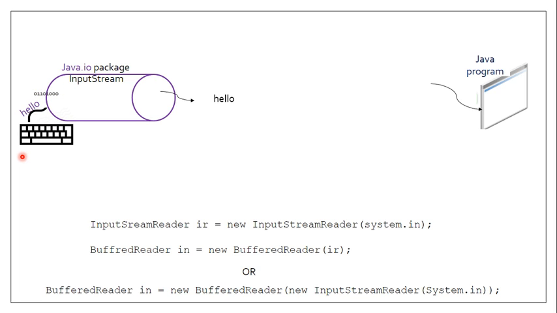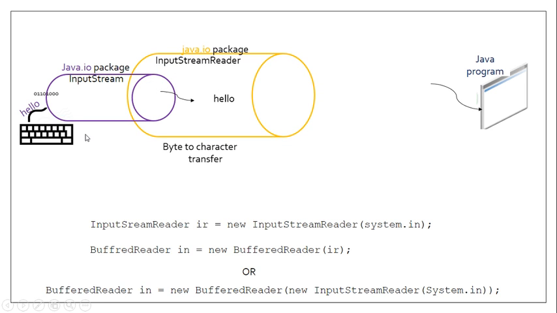Try to understand what is happening here. We need something to carry our bytes to characters. There is another class, InputStreamReader, which helps us convert our byte stream into a character stream.